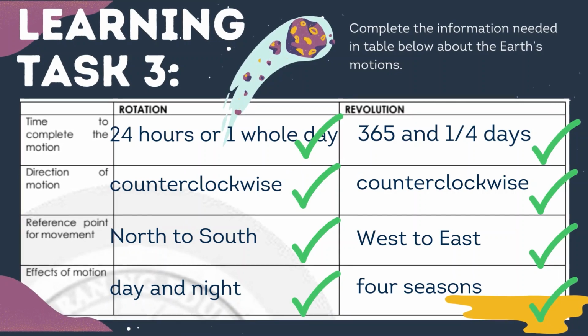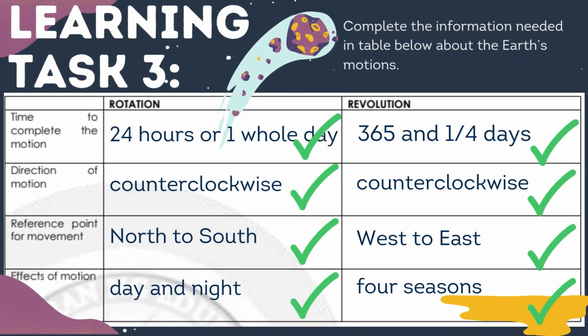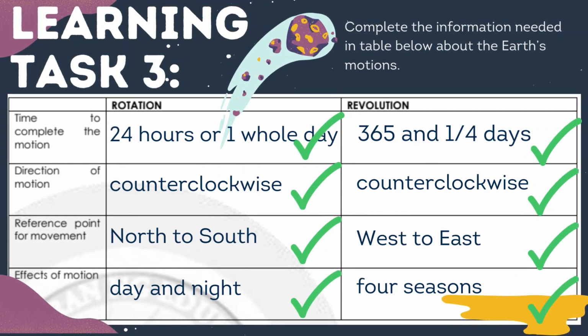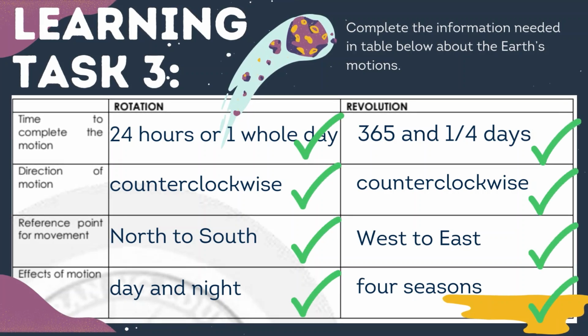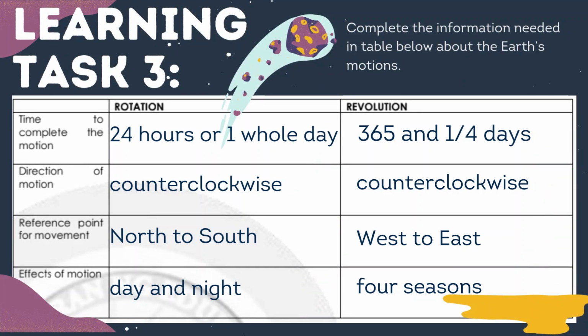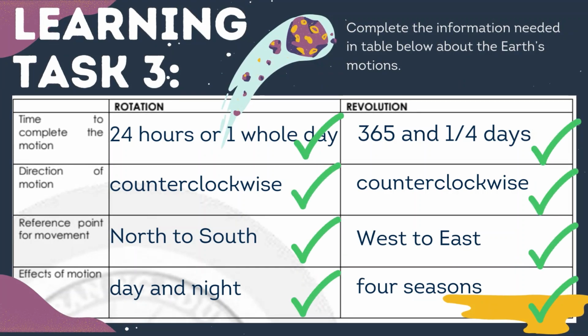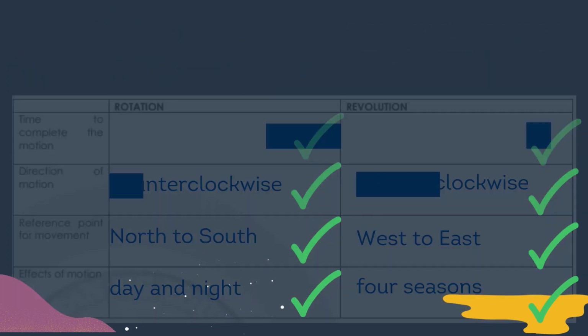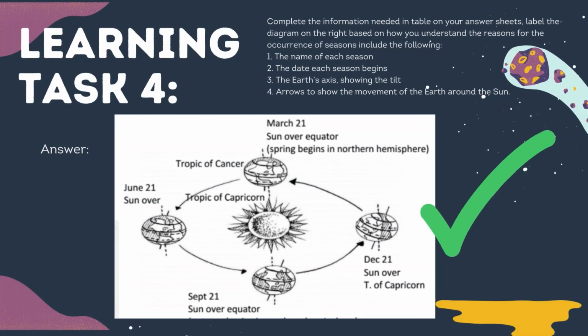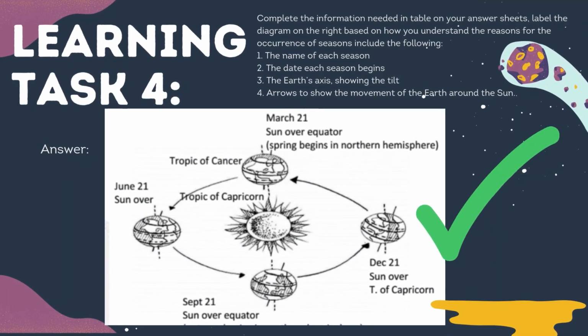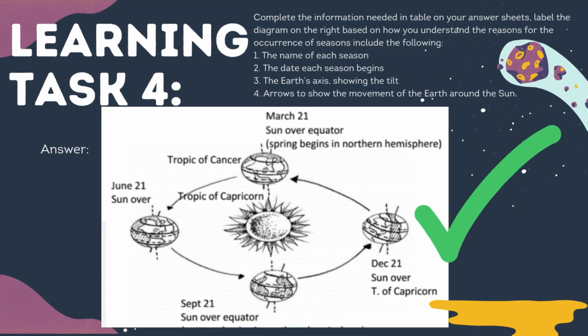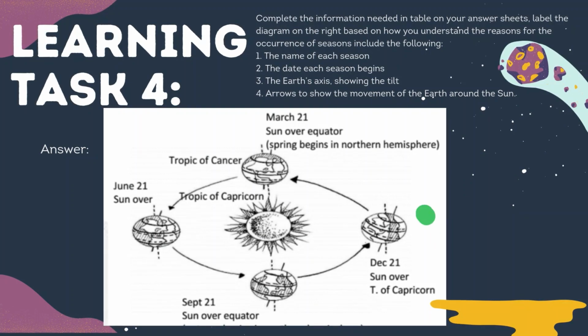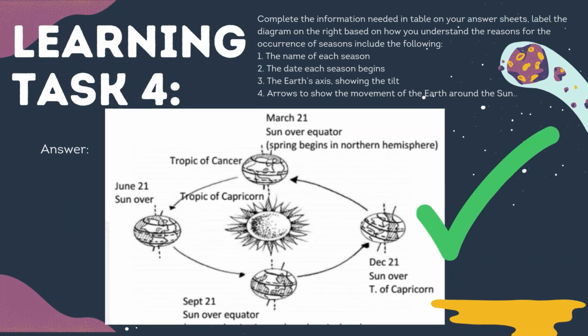For learning task 3, here is the first answer for rotation until the answer for revolution. Meanwhile, for learning task 4, here is the complete information needed for items 1 to 4. Okay? I hope you get it clear.